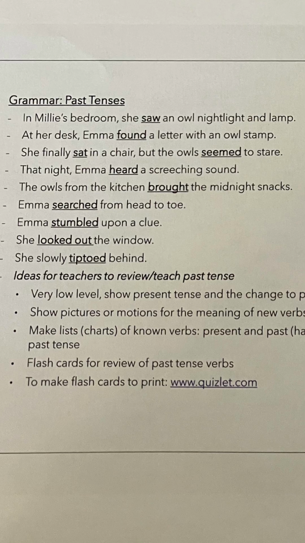So see, saw, that's very common. At her desk, Emma found a letter with an owl stamp. She finally sat in a chair, but the owls seemed to stare. So found, sat. The next one is heard, and then brought. Those are all very common irregular verbs. So irregular verbs that you will teach very early on.